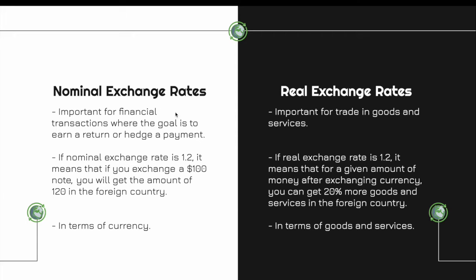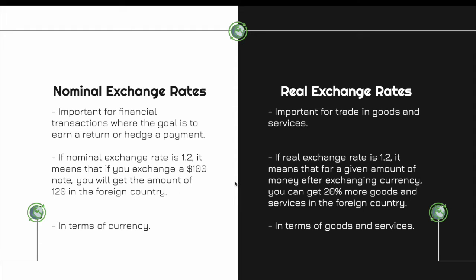So the nominal exchange rate is very important for financial transactions where the goal is to earn a return or hedge a payment. While the real exchange rate is very important for trade in goods and services. We can better differentiate them using these examples here. If the nominal exchange rate is 1.2, it means that if you exchange a $100 note, you will get the amount of 120 in the foreign country.